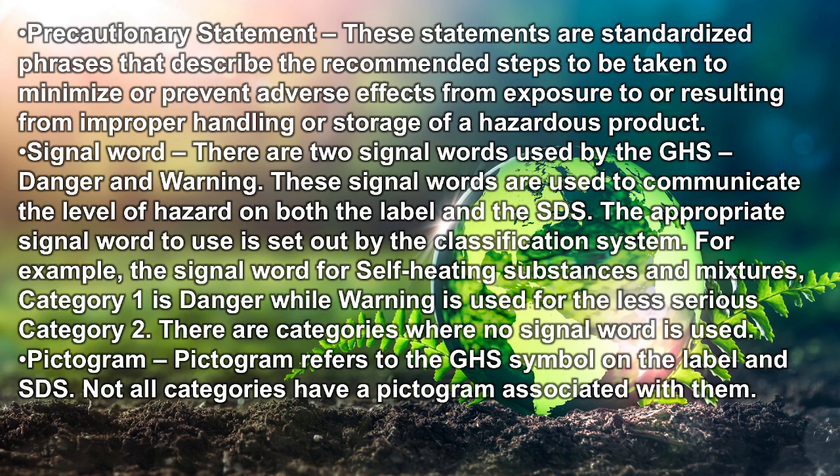For example, the signal word for self-heating substances and mixtures, Category 1 is danger, while warning is used for the less serious Category 2. There are categories where no signal word is used. Pictogram: pictogram refers to the GHS symbol on the label and SDS. Not all categories have a pictogram associated with them.